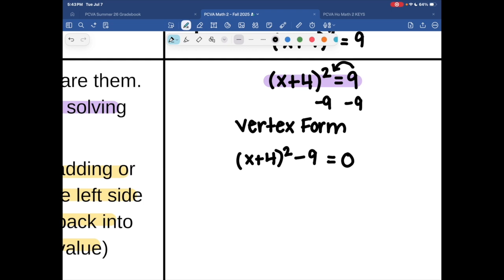We're just trying to put it in vertex form. At this point, whatever my a value was, and remember we had an a value of 1, that a would get multiplied back into the entire problem. So multiplying it by 1.